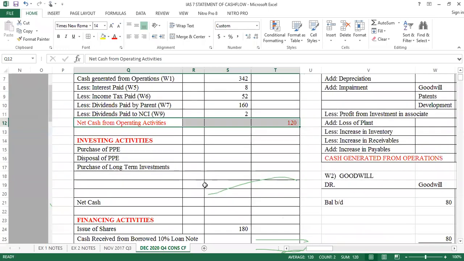Now, let us move to PPE. Let's do this. Just take 2 minutes to stretch. I don't want to give a break. Just leave your seat for 2 minutes. Don't log out. Then we go to investing activities for 10 minutes, and financing activities, 10 minutes, and we finish.